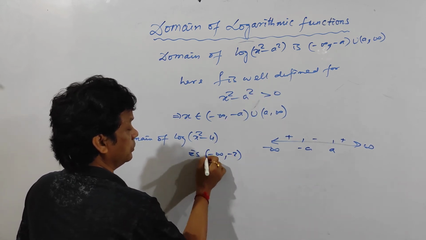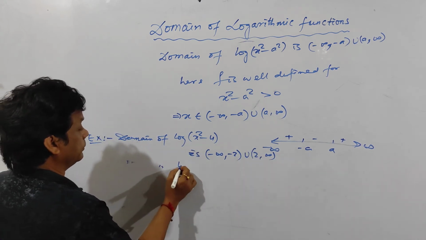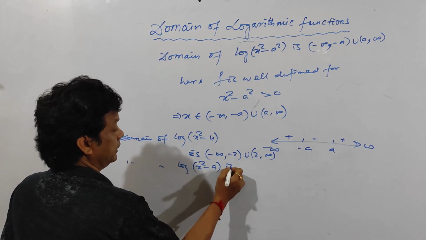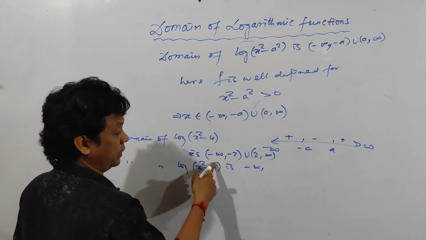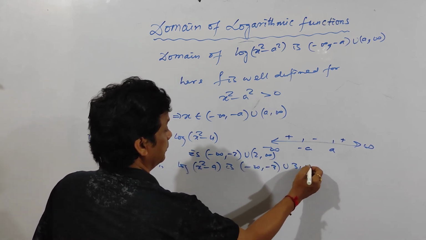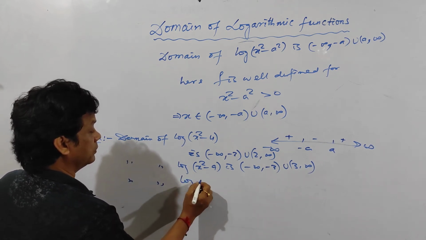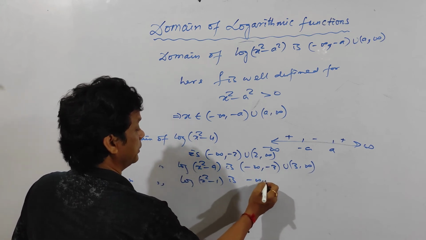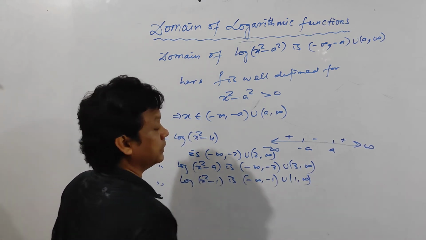Again, the domain of log of x square minus 9 is minus infinity to minus 3, union 3 to infinity, because in place of a square I have written 3 square. Similarly, the domain of log of x square minus 1 is minus infinity to minus 1, union 1 to infinity. Clear?